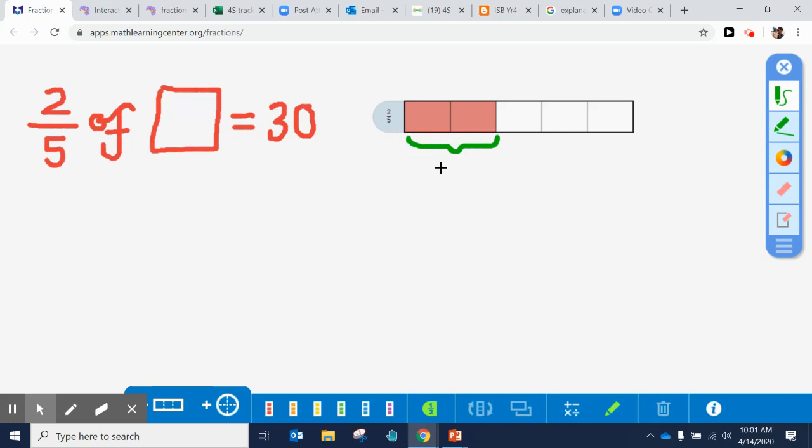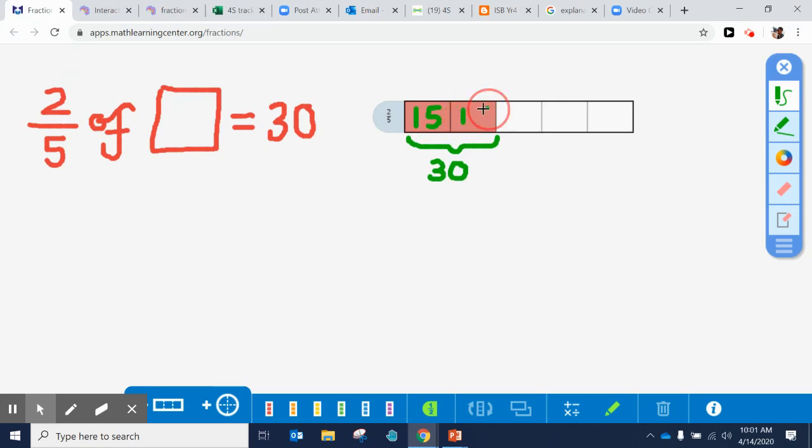So 2/5 are 30. So that means that if 2/5 are 30, what's 1/5? 1/5 must be 15 because that's half of 30.